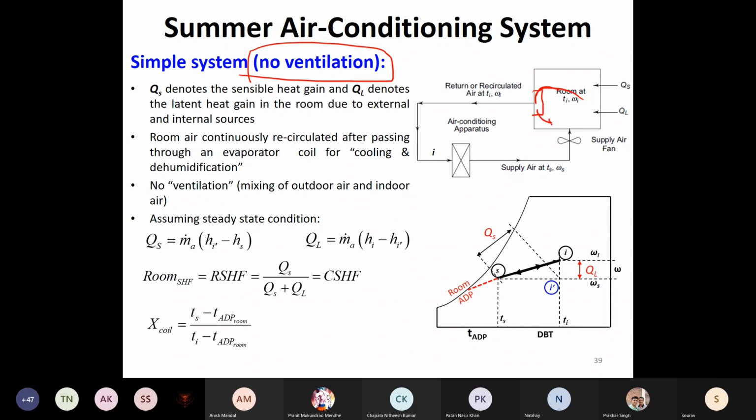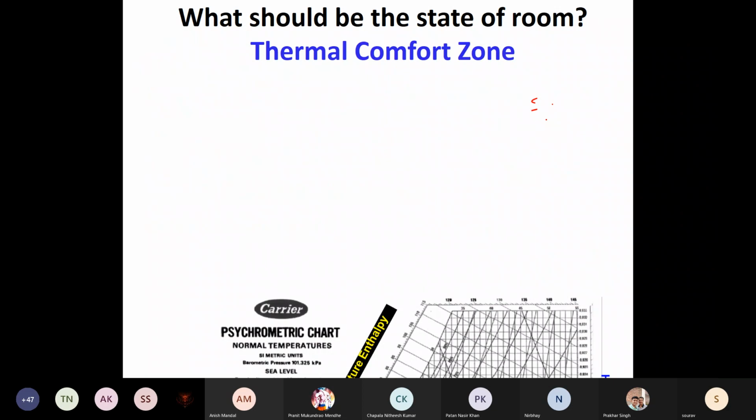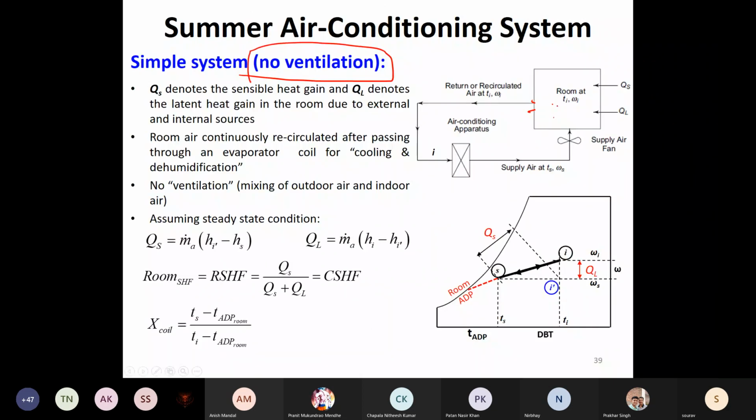So instead of showing it in that manner, this schematic shows as if the apparatus is outside the room. Air is getting drawn into the apparatus here, and it exits and is blown back into the room. But this entire process is happening inside your own room. And this apparatus is nothing but the evaporator.